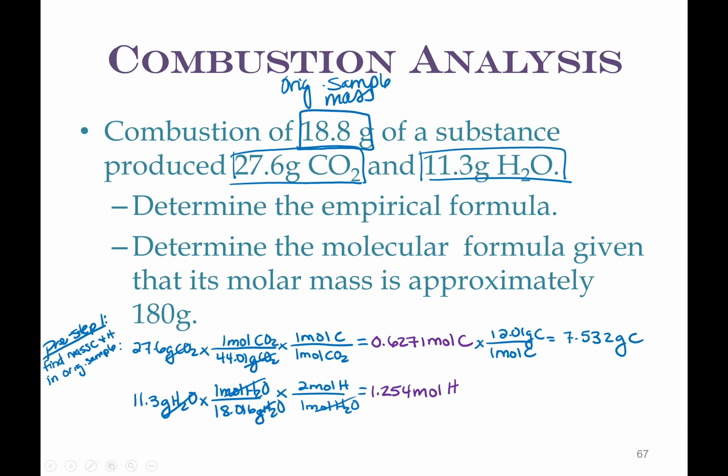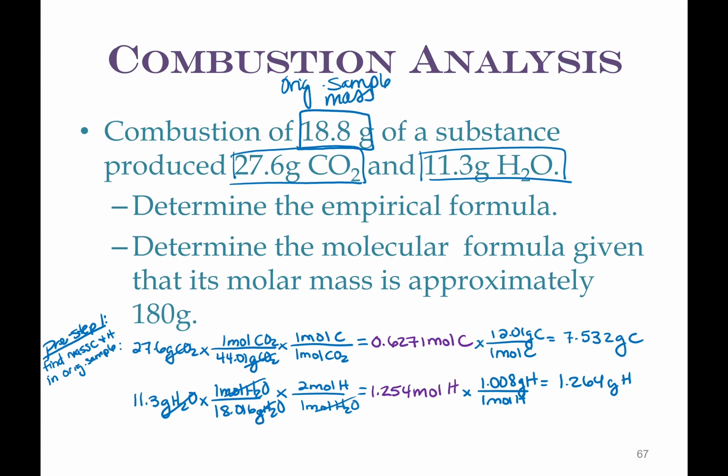All right, and for every 1 mole of hydrogen, you have 1.008 grams of hydrogen. So that gives us times 1.008, 1.264 grams of hydrogen. All right, so now we have the grams of hydrogen and the grams of carbon that were in the original sample mass.